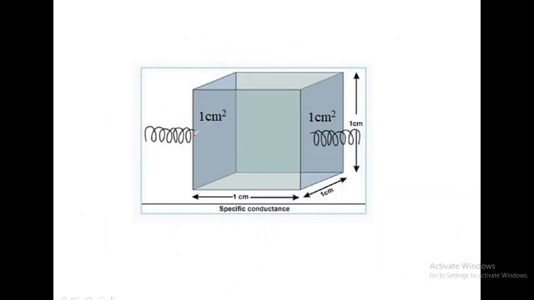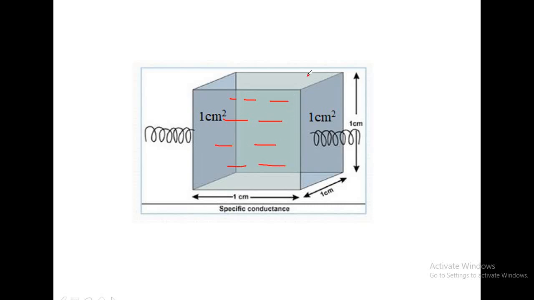That is something like this. Just imagine that these shaded regions represent an electrode. So there are two electrodes kept parallel here. They are of area 1 centimeter square each, and they are separated by a distance 1 centimeter.